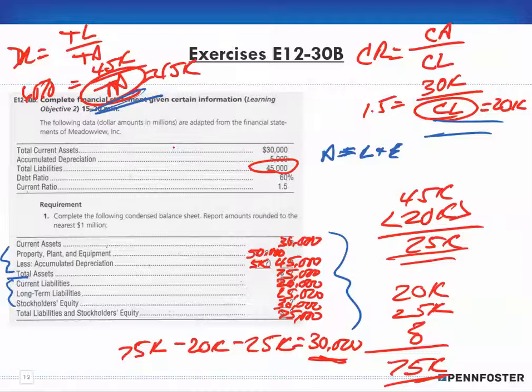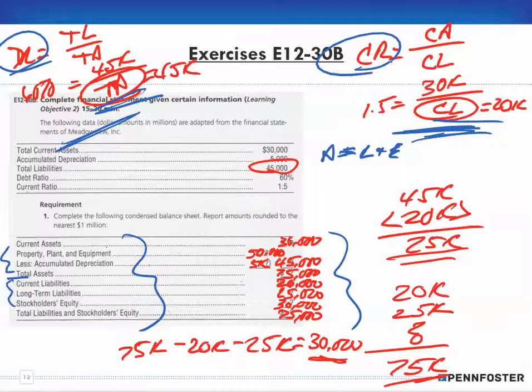Basically, chapters 1, 2, and 3 are a big help because you're talking about the structure of your balance sheet, and then go back over the chapters that deal with the ratios, the debt ratio and the current ratio. And watch the theory videos for that. And if you still don't understand something, then feel free to telephone and speak with an instructor. And with that said, I'll see you in the next series of videos for working on the problems for this chapter.